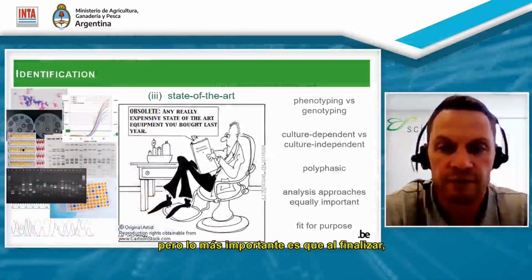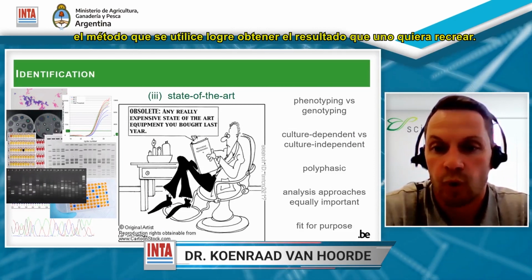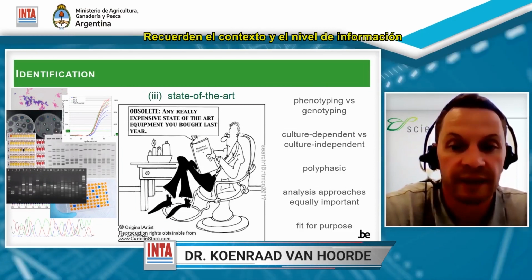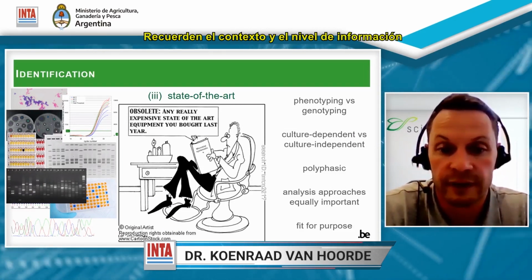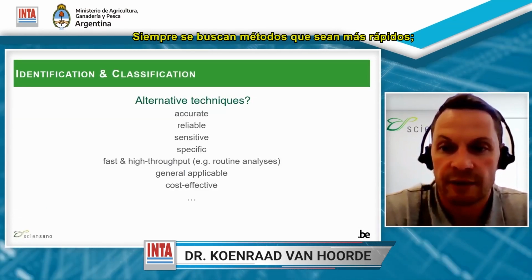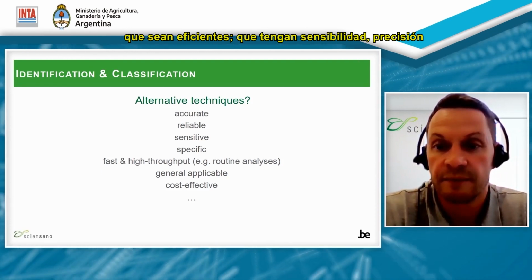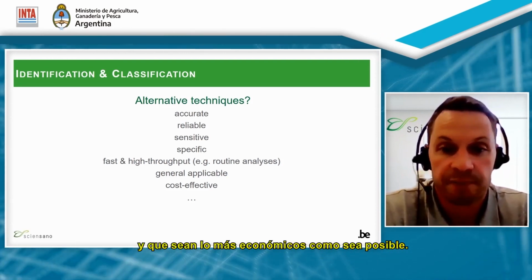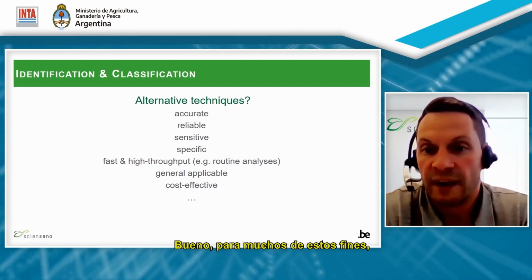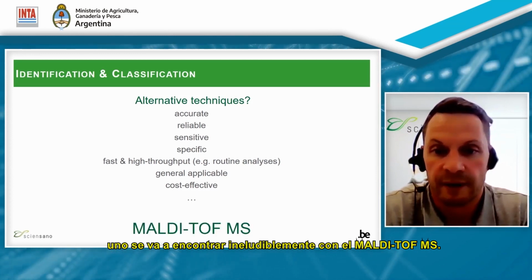But the most important, at the end, the method of choice should deliver the output you want to work with. Remember the context and the level of information. We are always looking for methods that are faster, better, with sufficient sensitivity, accuracy, and if possible, as cheap as possible. Well, for many applications, inevitably, you will bump onto MALDI-TOF MS.